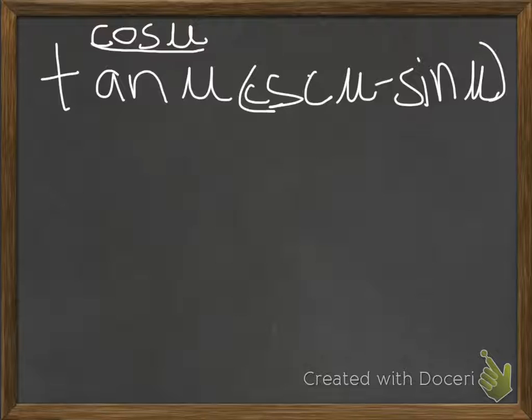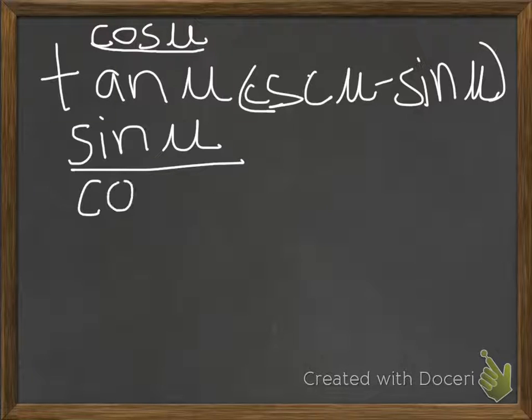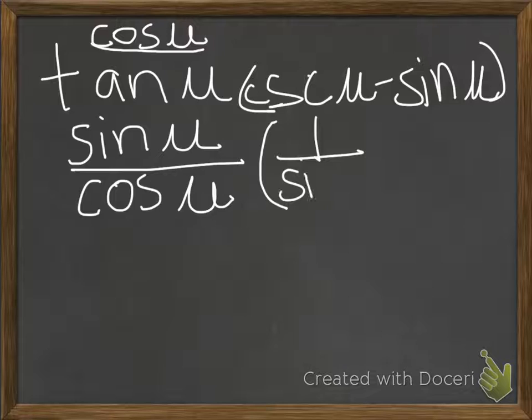We know that tangent is sine of u over the cosine of u, because it's opposite over adjacent in the right triangle. And then cosecant is 1 over sine of u, and then sine of u is already in sine form.